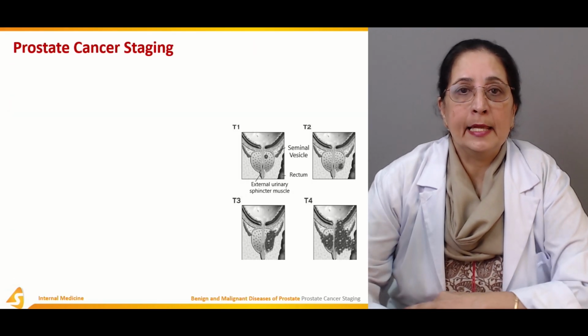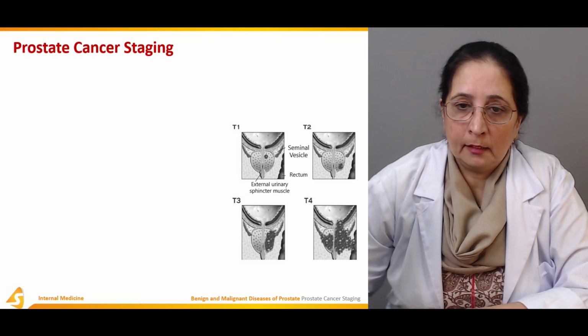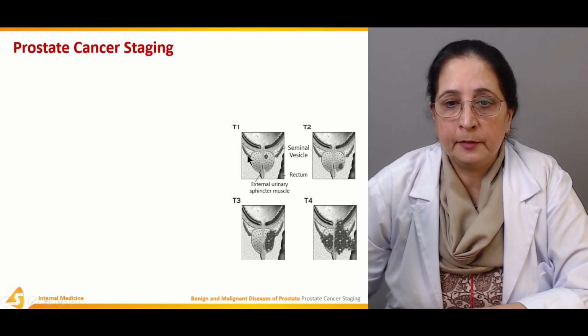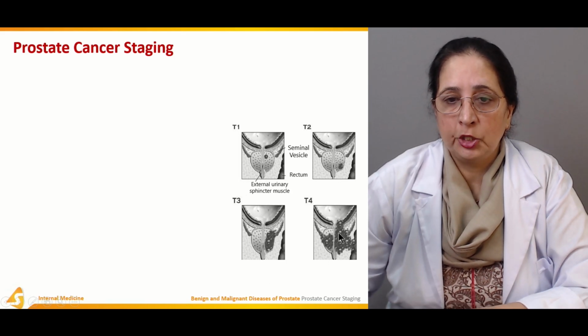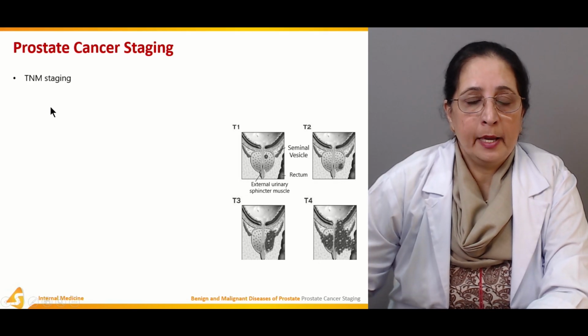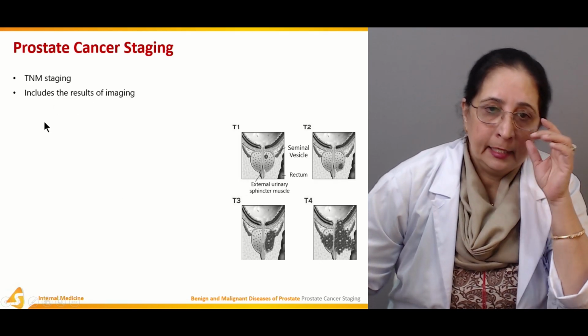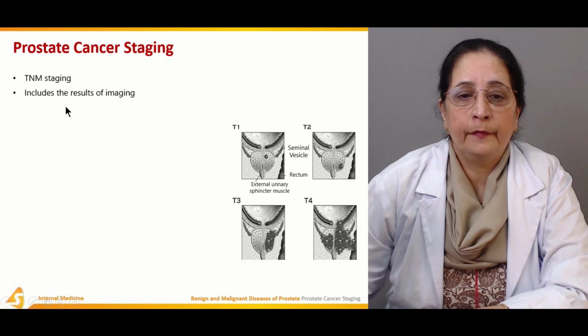So, prostate cancer staging. These are the stages: T1, T2, T3, and T4. That's the prostate gland, and that's the growth of the tumor. In the T and M stages, it includes the results of imaging.